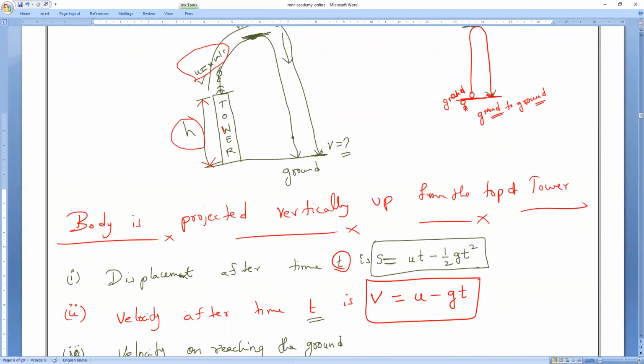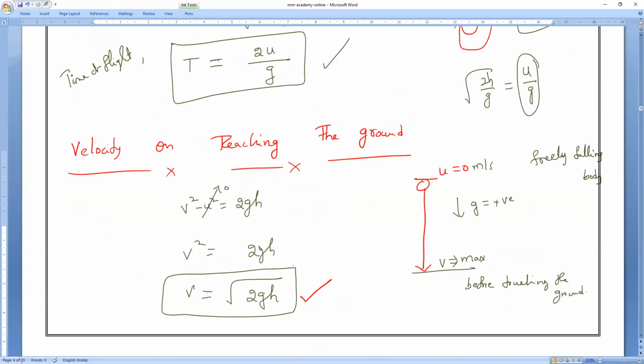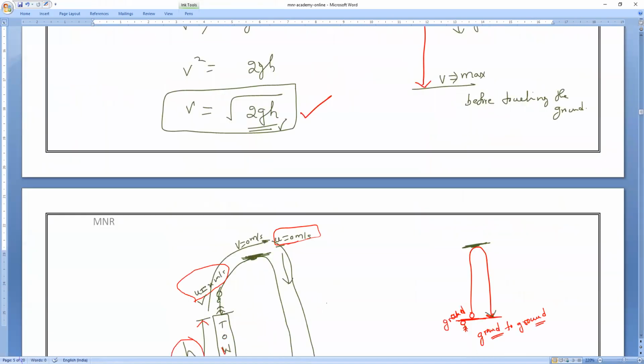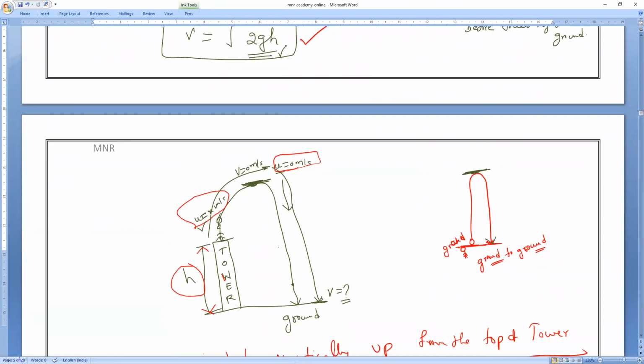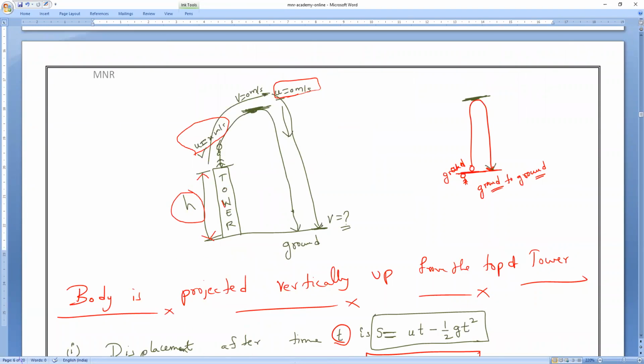So in this case, generally, if it is ground to ground, just now we have found it. If it is ground to ground, what is the final velocity with which it will touch the ground? Everybody, root of 2gh. But it is thrown from a certain height. It is not from the ground to ground.